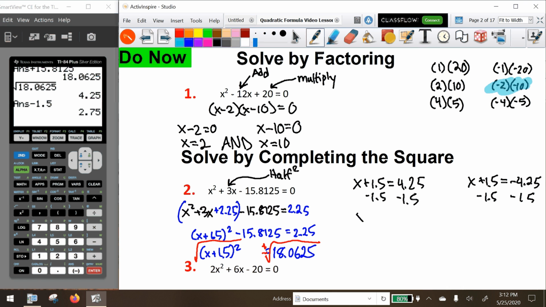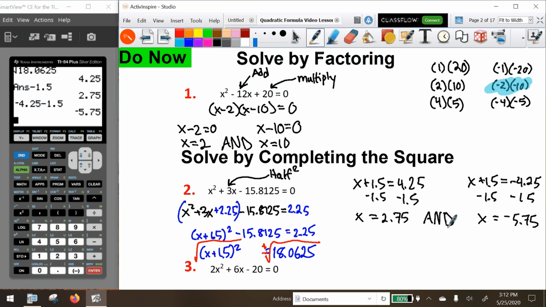So our one answer is 2.75, and our other answer, negative 4.25 minus 1.5, is equal to negative 5.75. So we have two answers. x is equal to negative 5.75 and x is equal to positive 2.75.